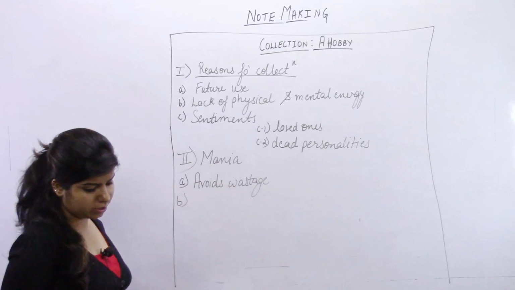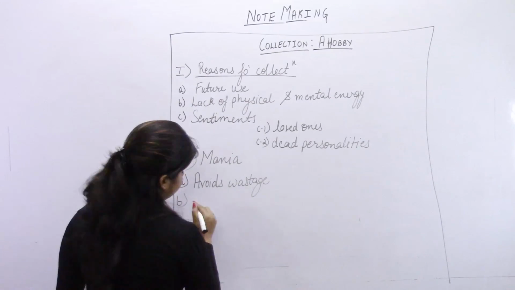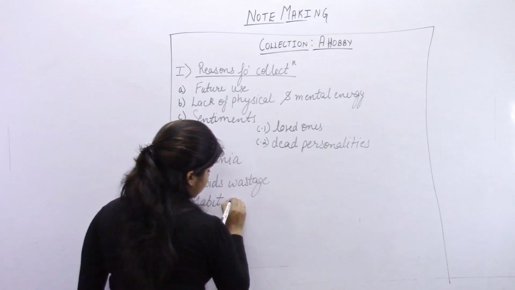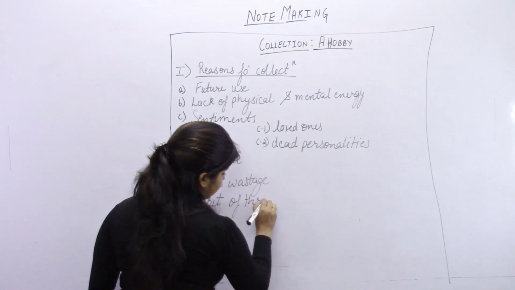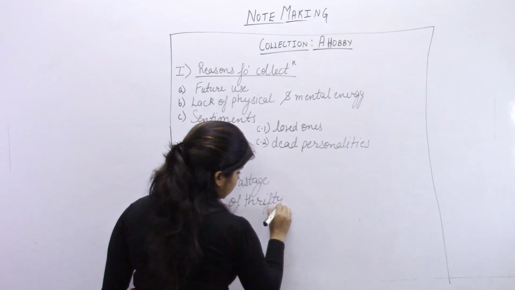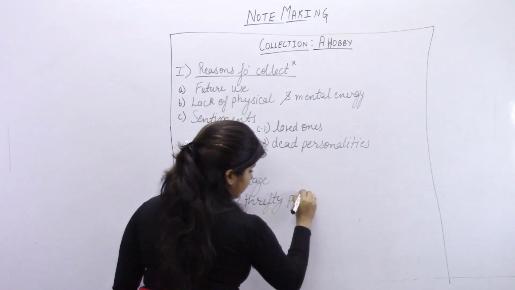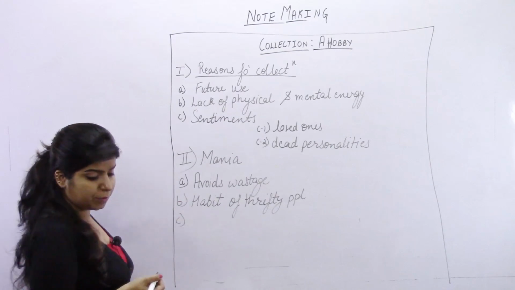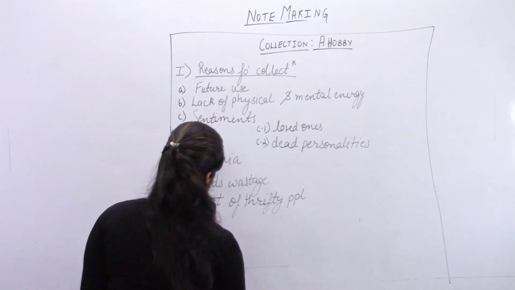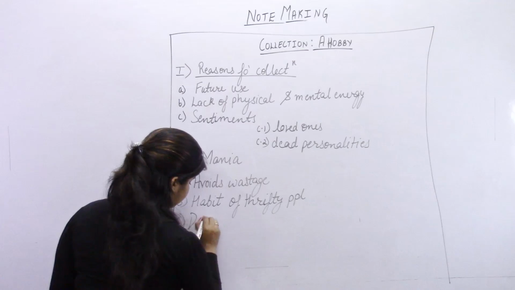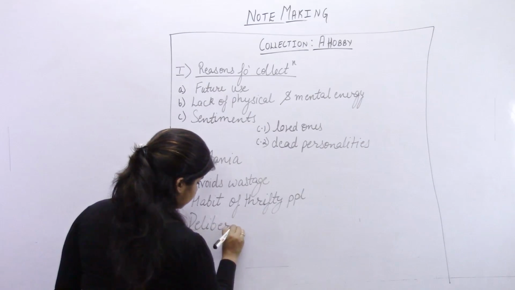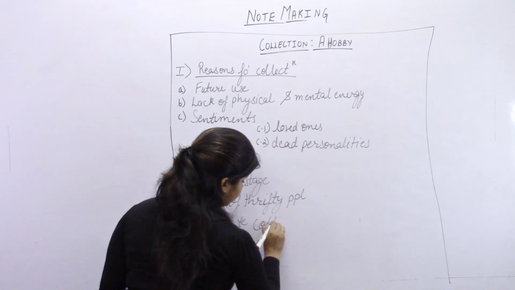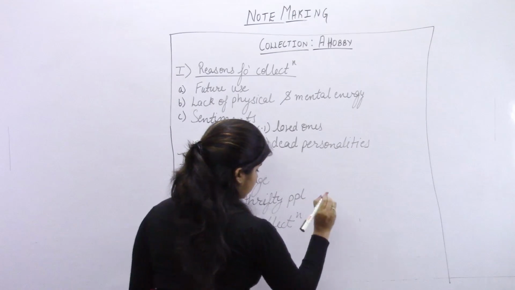Secondly, I'll be using the point habit of thrifty people. For the people again, I used an abbreviation over here. For the third point, I'll be using deliberate collection.